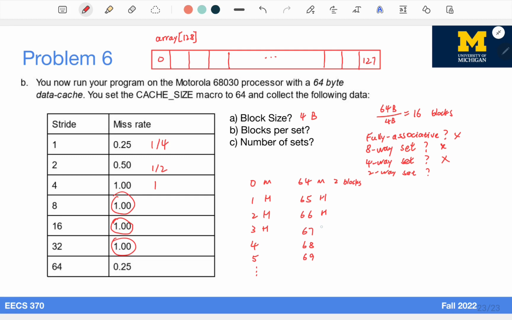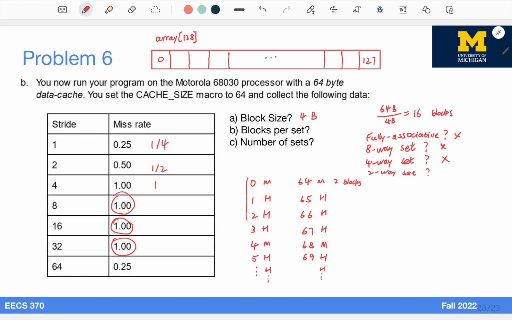And for 3 and 67, we also have cache hits. And then when we come to 4, it's a different block than the previous ones, so we must have a cache miss here, and similarly for 68. But for the next 3 accesses, we should all have hits.